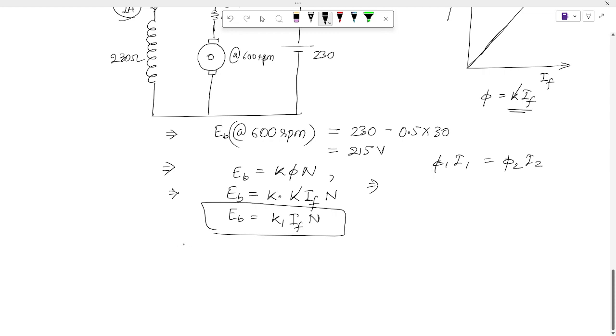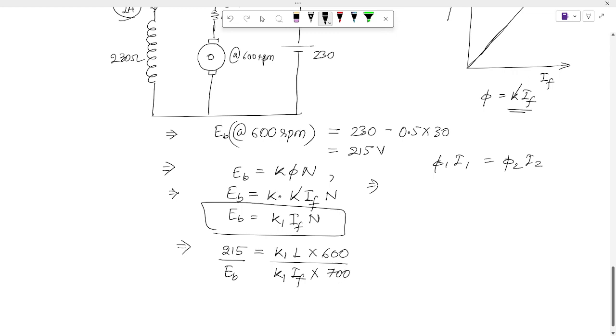Yes, sir. Okay. Then EB is known to you, that is 215. K1 into IF is 1 ampere into N is 600 rpm. Okay. Then EB is not known in the next case. K1 into IF, let it be IF into 700.